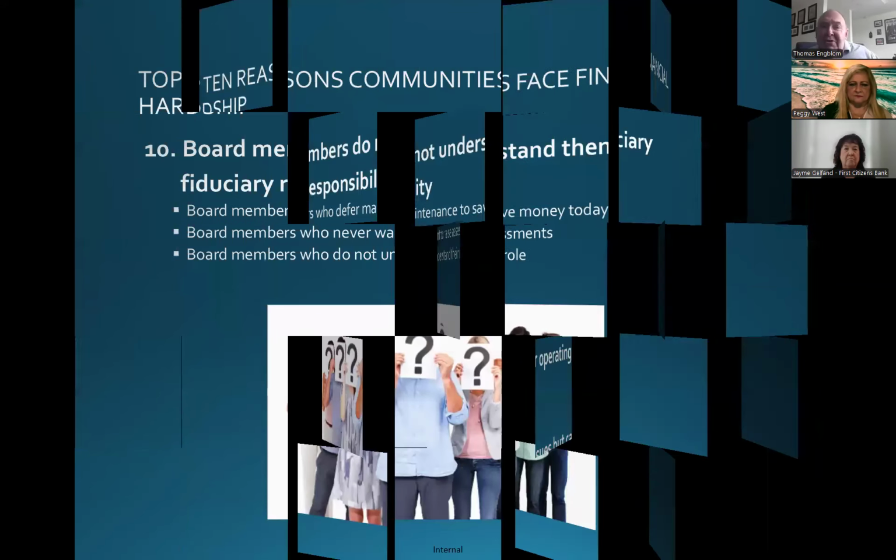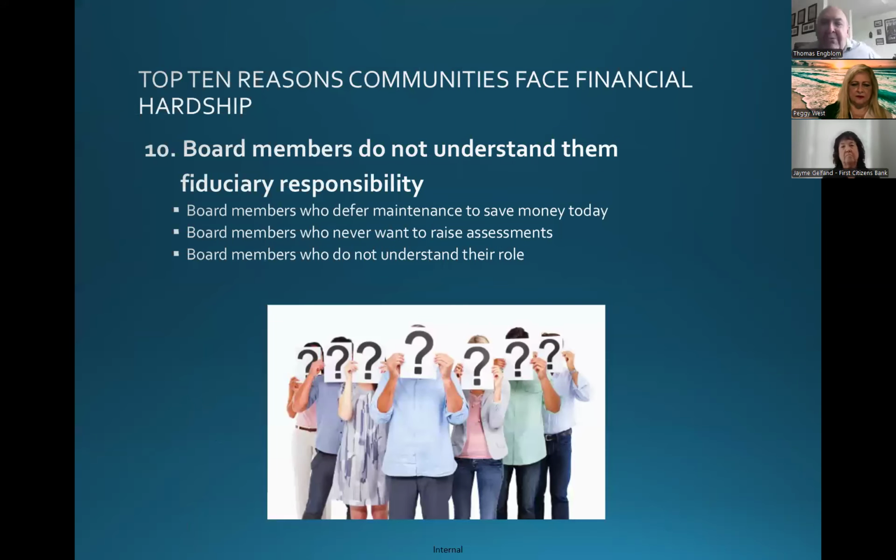So here's number 10. Board members, they don't understand their fiduciary duty. And I've done many seminars on what they call kicking the can down the road. And fortunately, because board members do that, or managers, that's why Jayme and I have a job. A lot of times, if they would follow just common sense, when I teach, I say to people, don't be smart, be logical.